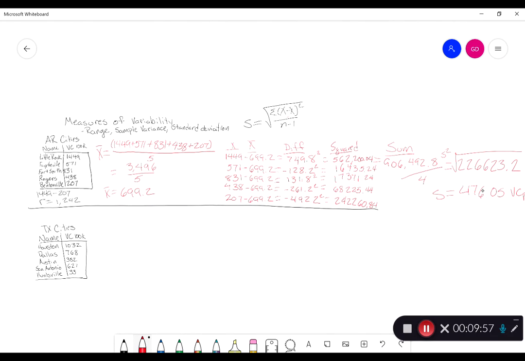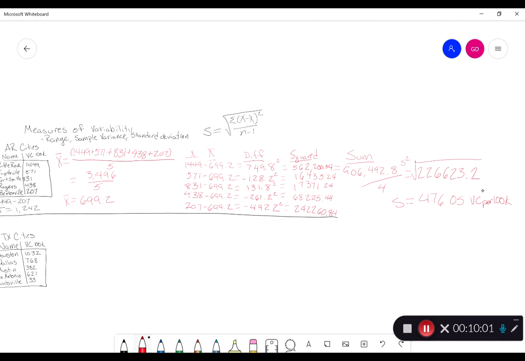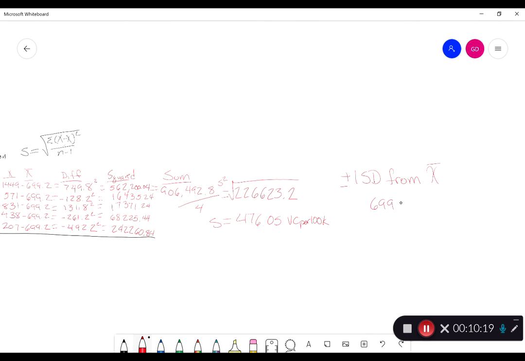So if we do plus and minus 1 standard deviation from the mean, remember that our mean is 699. I'm just going to go ahead and round. So we're going to add 476.